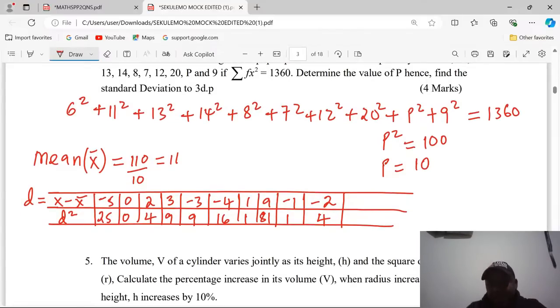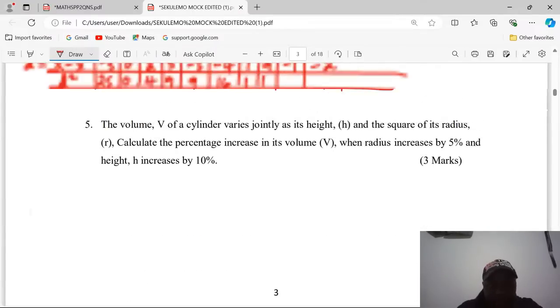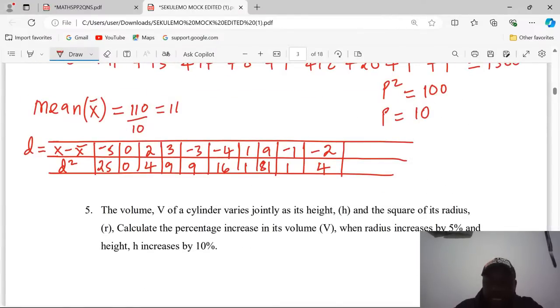We can now get the summation of deviations squared. So we add the deviations squared, then we divide by the number of items to get what we call variance.